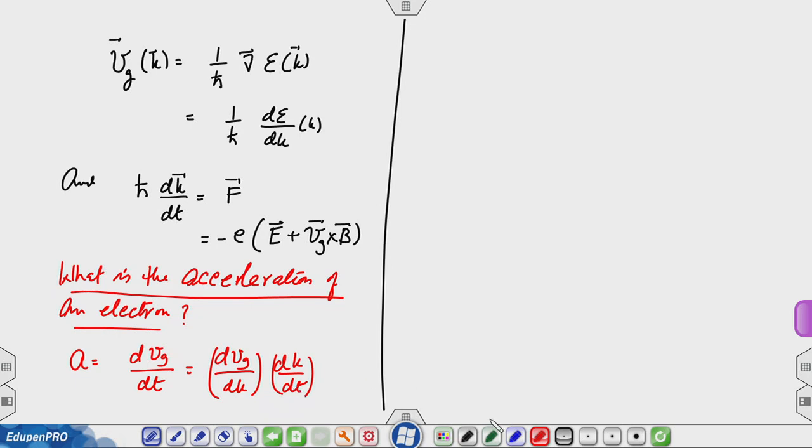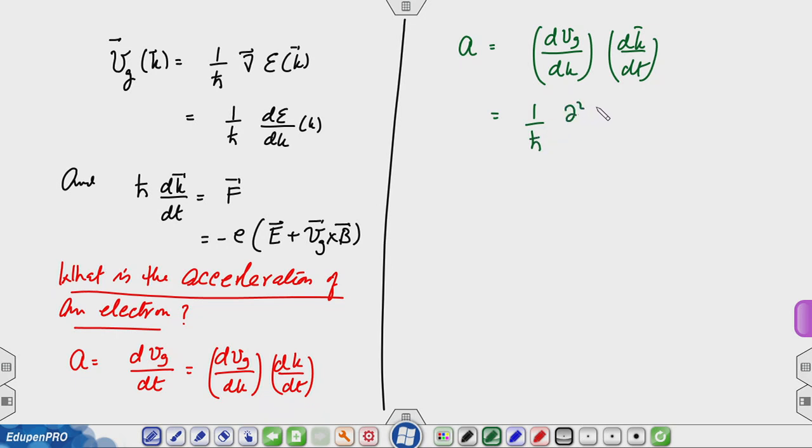Now, if I write it further, I can write this as 1 over h cross d2E by dk square, and dk by dt is 1 over h cross F. I have used V g equals 1 over h cross dE by dk.